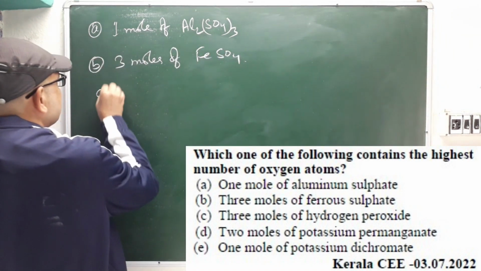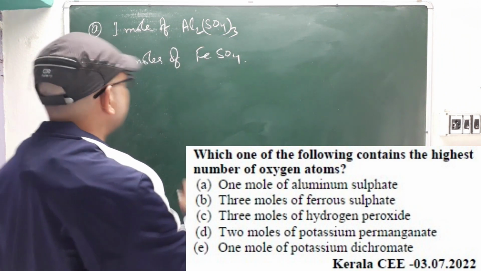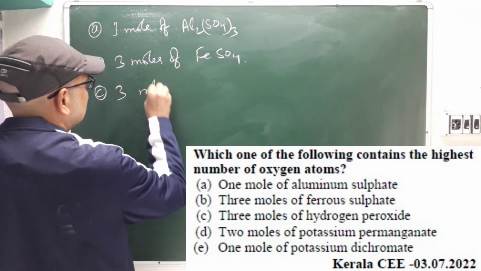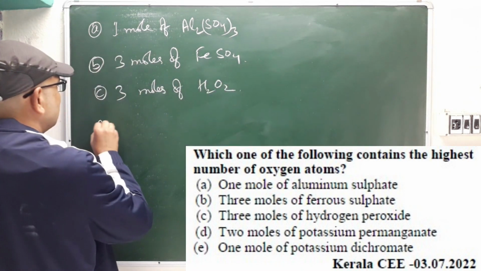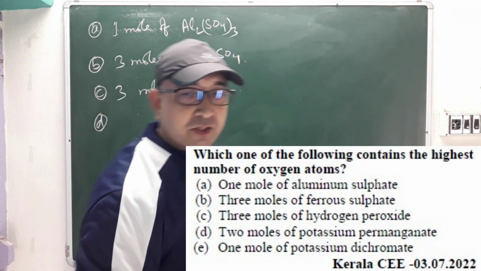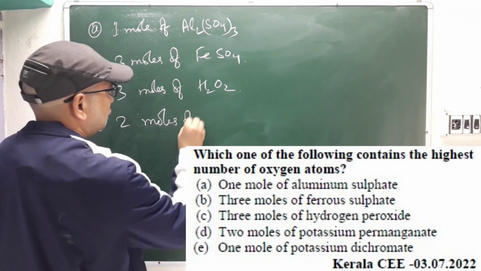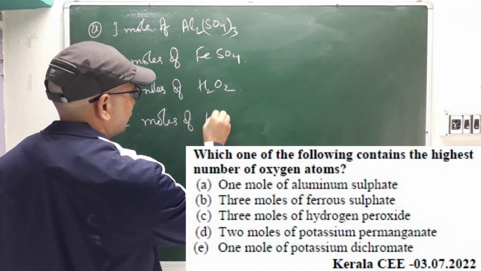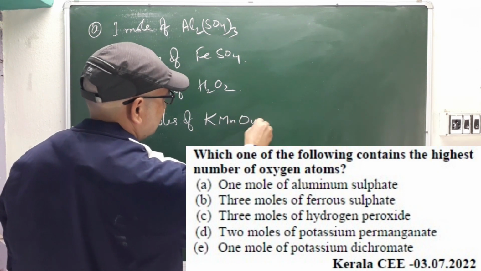Option C, it has given 3 moles of hydrogen peroxide. Option D, it has given 2 moles of potassium permanganate.